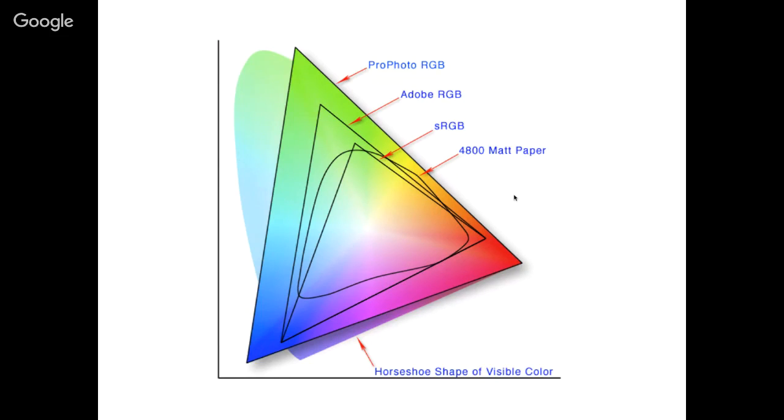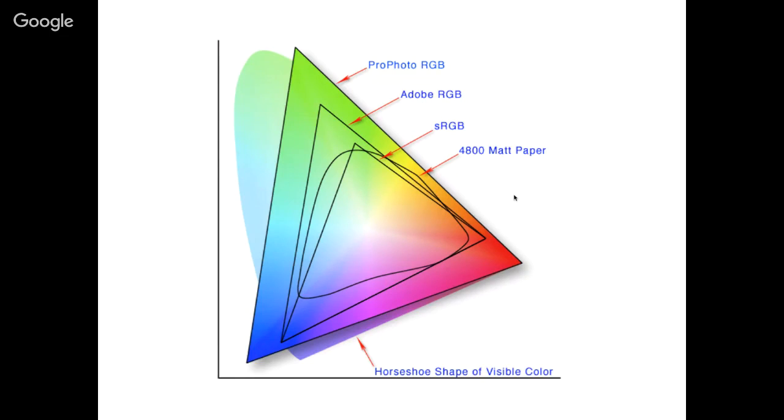You can see right here that the squiggly line around here is a typical matte paper printout on an Epson 4800 inkjet printer. Again, not too dissimilar to the CMYK printer that we saw earlier. However, what you can also notice is this is the sRGB photo space, and it's actually the smallest of the triangles right in here. You can actually see it. And it is a perfect triangle like this because, again, this is a mathematical space.